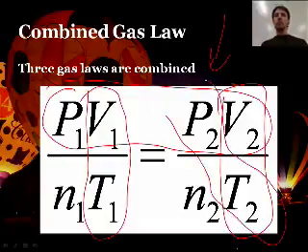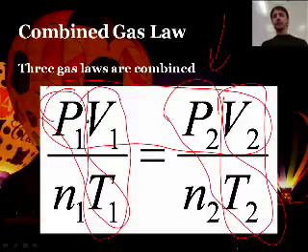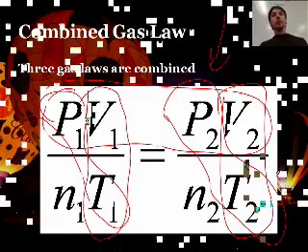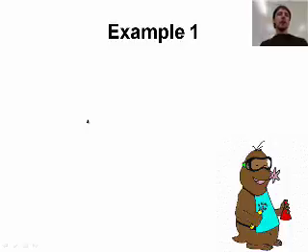Just pressure and temperature, you just look at those and you just ignore everything else in the equation. So you only deal with the things that actually change. Now if everything changes, you plug everything in. You do combined problem. If only one thing or two things change, you plug in the two that change and you ignore everything else. Alright, so let's do a few example problems with this.